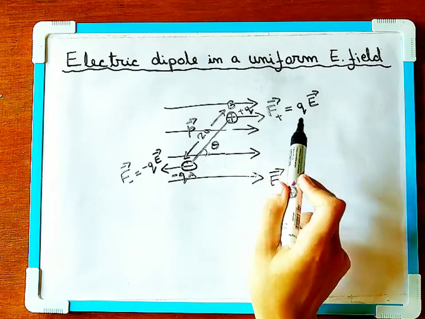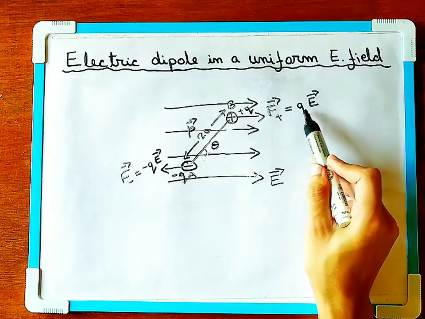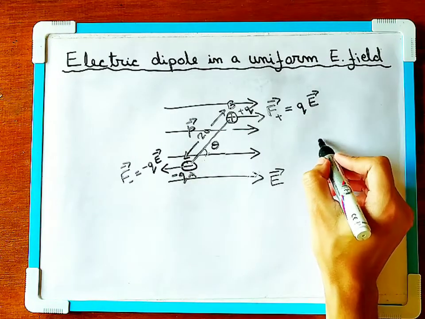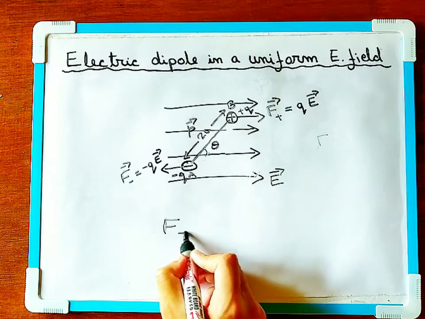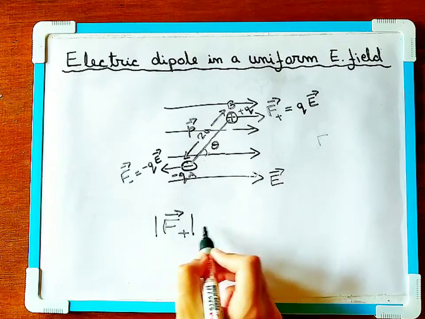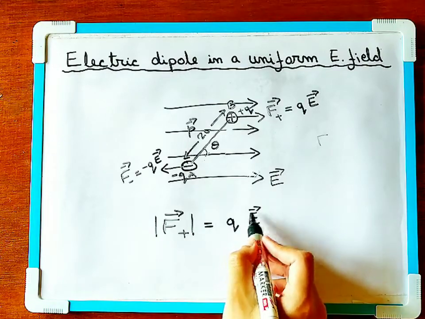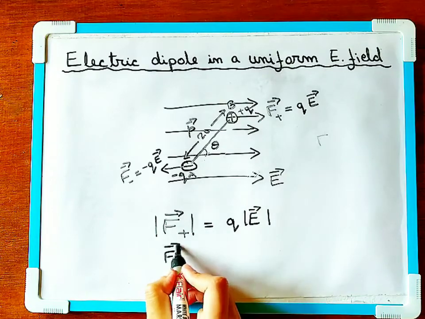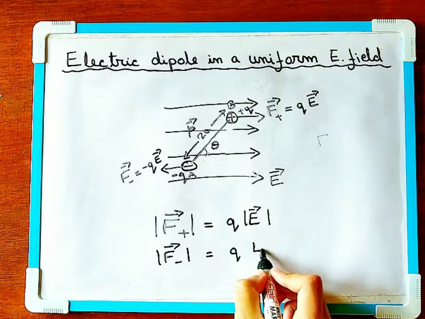One is in this direction, another is in this direction, but the magnitude is the same, Q into E, and here also Q into E. So the magnitude of this force is equal to QE, and the magnitude of this force is also QE.